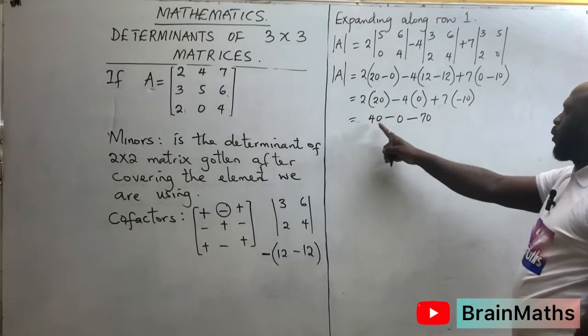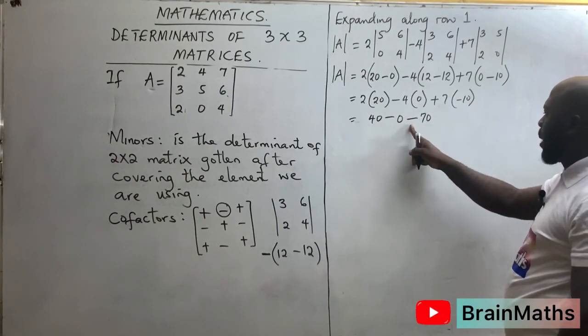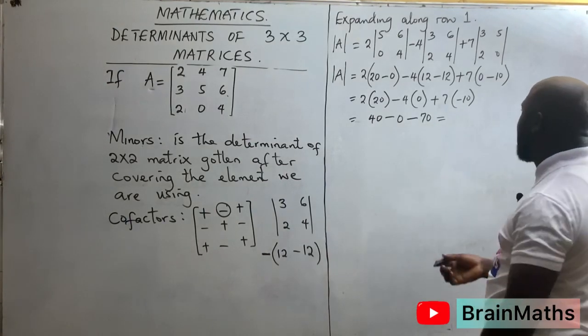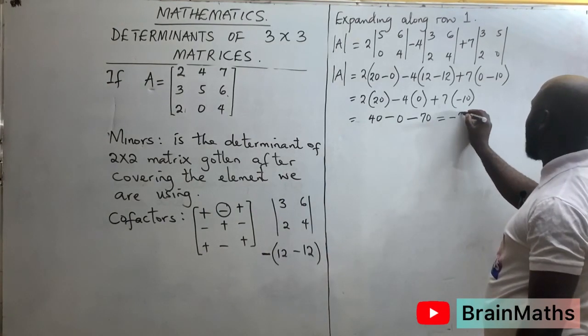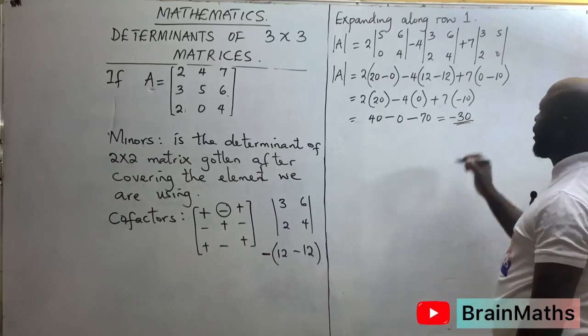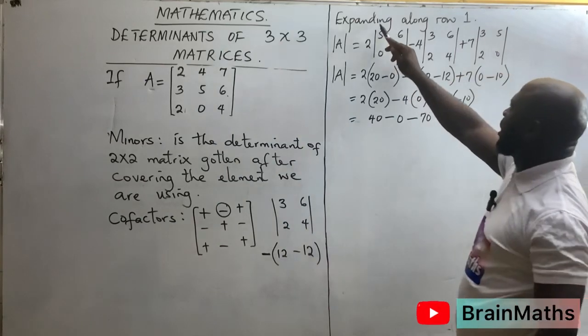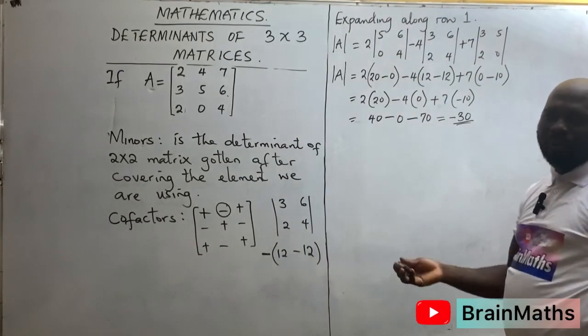So we have 40 minus 0 minus 70. And that is the same thing as 40 minus 70. And 40 minus 70 will give us minus 30. So this is the determinant for matrix A if you expand along row 1.